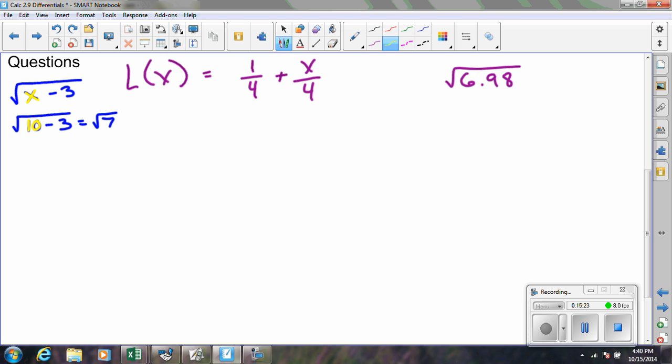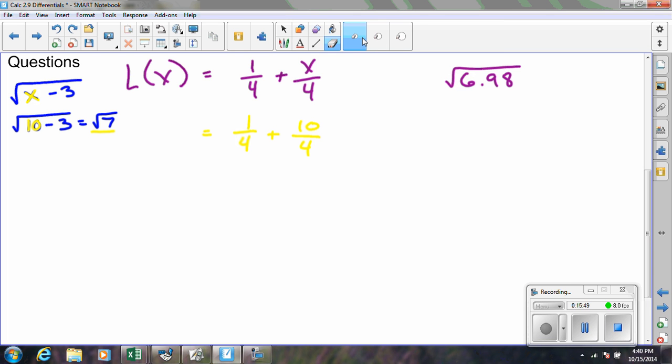That tells us if we want to approximate the square root, we can use a 10 here, which would give us 1/4 plus 10 over 4. But again, we didn't just have 10, because 10 does not give us exactly 6.98. It gave us 7.